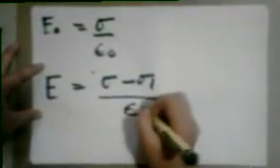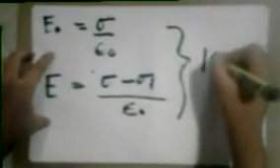But for electric field with dielectric, we denote that as E, and that is equal to sigma minus sigma I over epsilon naught. We can denote this both as our equation 15.